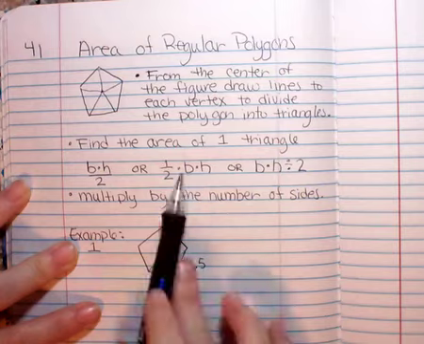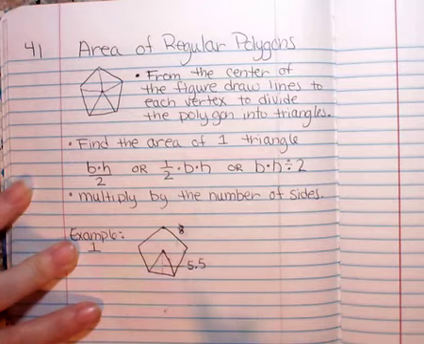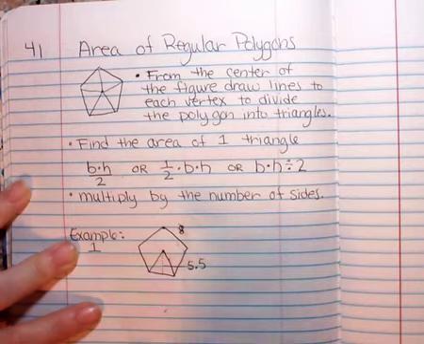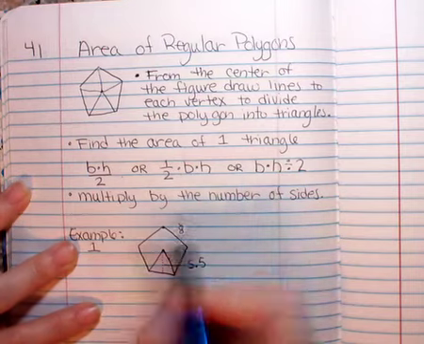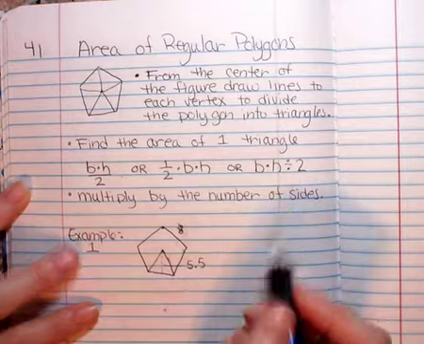You choose which of those area formulas is easiest for you and write in the one you like. After we find the area of one triangle, we will multiply by the number of sides.